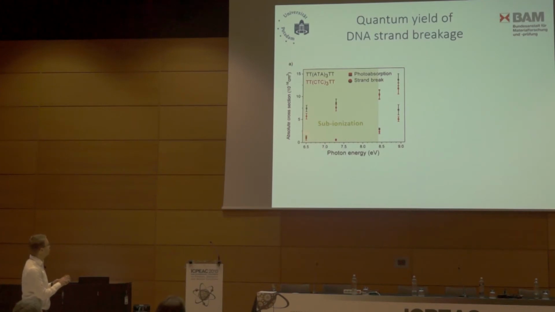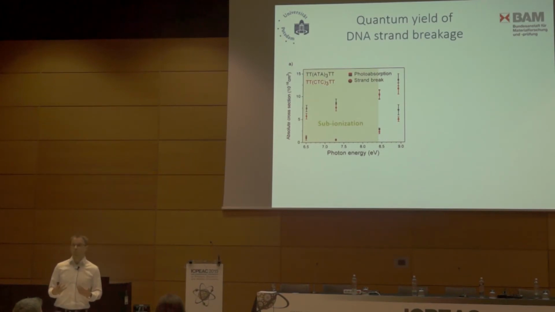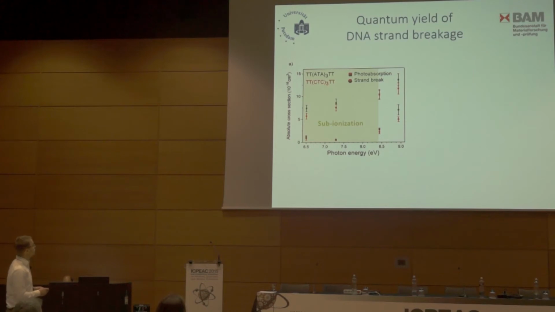Here the strand breakage is very small, but still it is not zero. So also at these energies we can induce strand breaks with photons. But then above the ionization threshold, the strand break cross section increases, and then we also see a slight effect of the sequence here. So also the A-containing sequence is broken more easily compared to the cytosine strand.